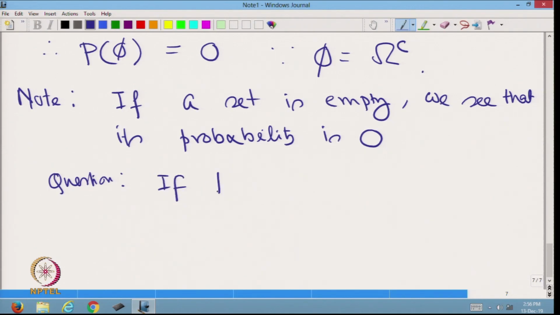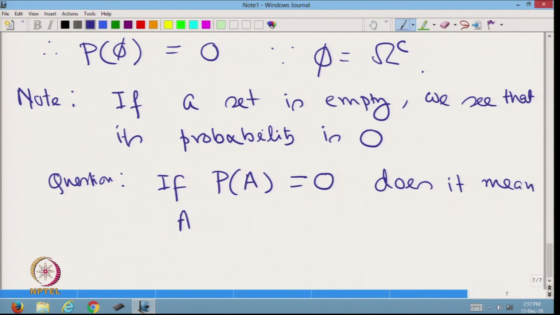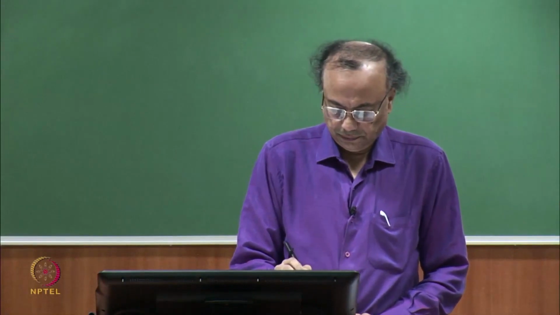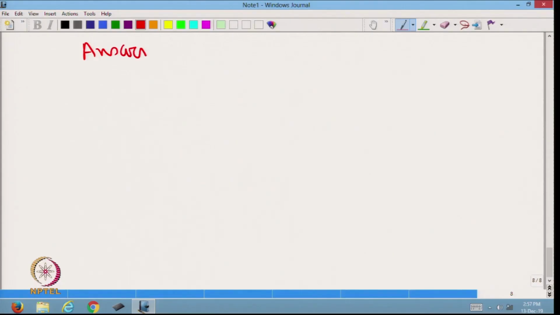If probability of A is 0, does it mean A is phi, that is empty set? That is the question. The answer is that no.